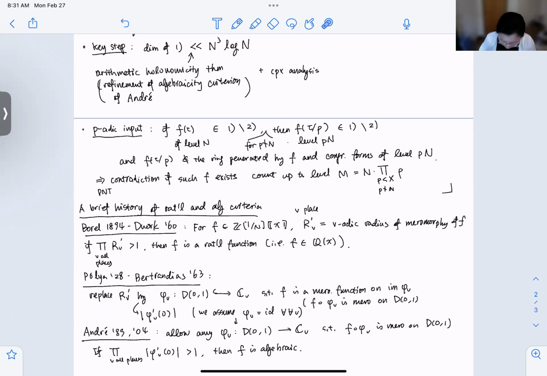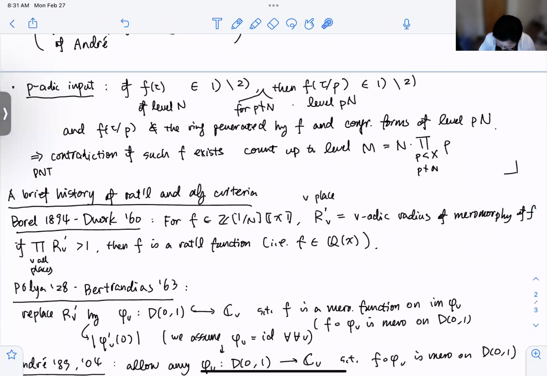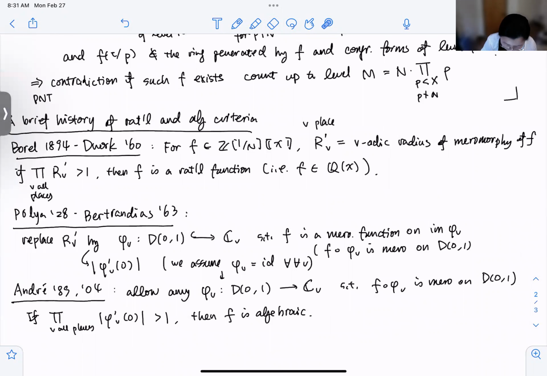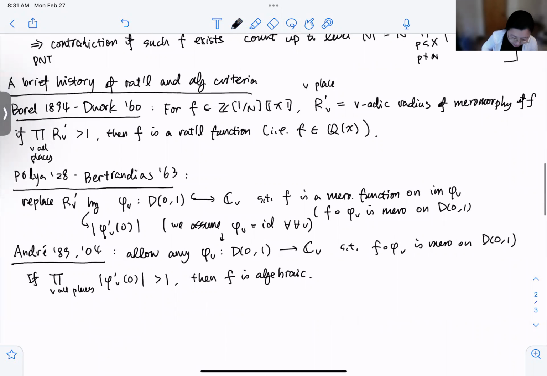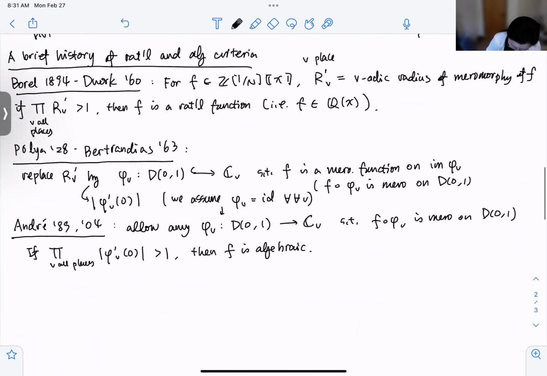The one thing I would like to mention is that this is indeed the case, and I'll give a statement of a special case of our bound.